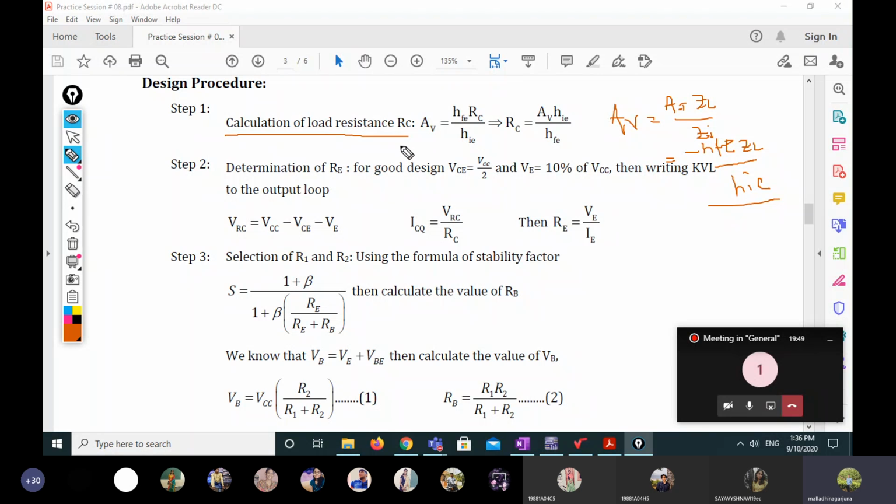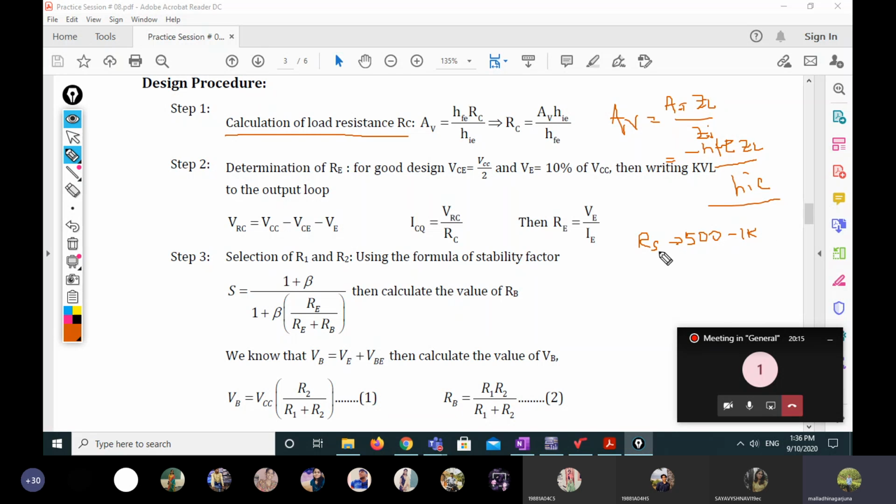Remember one thing: in the design of the CE amplifier, in the complete circuit diagram, we are not going to calculate the values of RS and RL. RS, the typical range, you take directly, from 500 ohms to 1K.